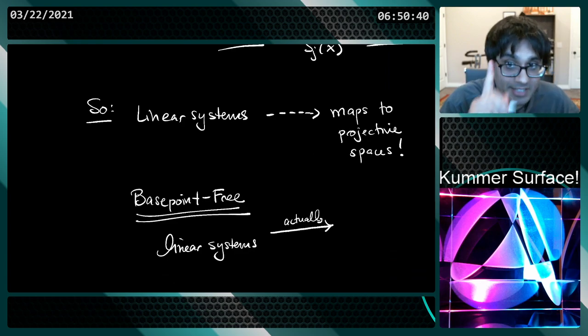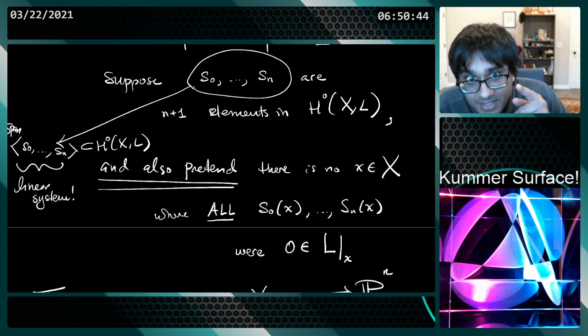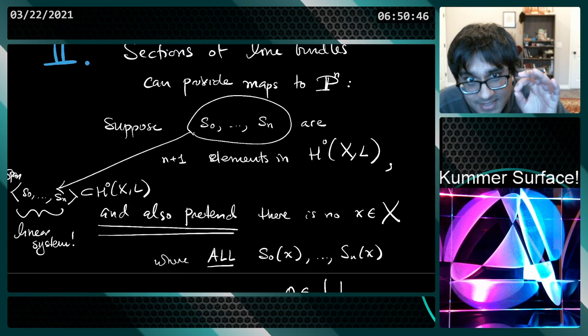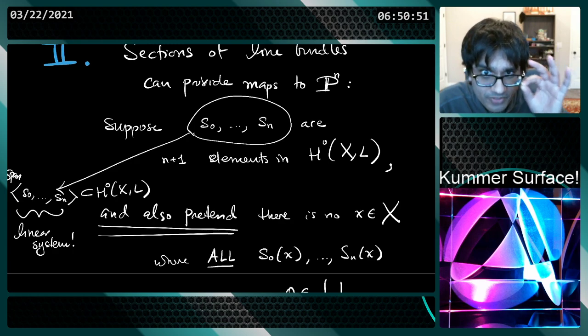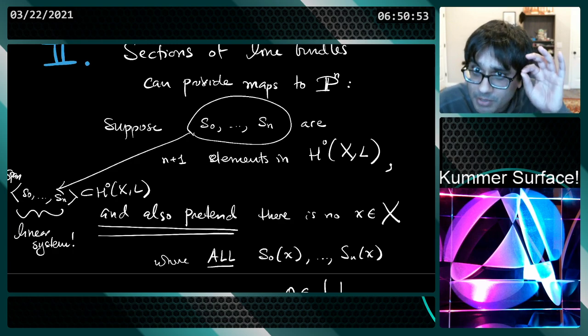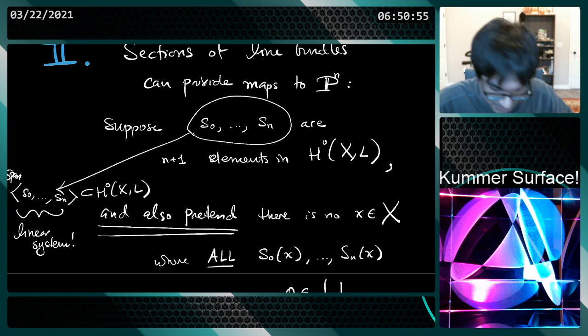Base point free linear systems actually give you a map. That's this condition, that there's no point x where all the elements were vanishing.